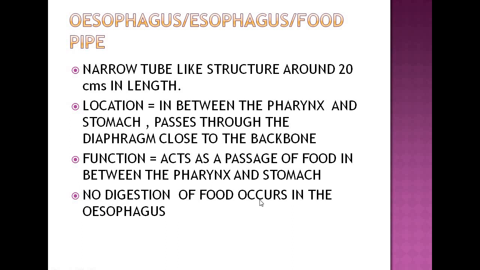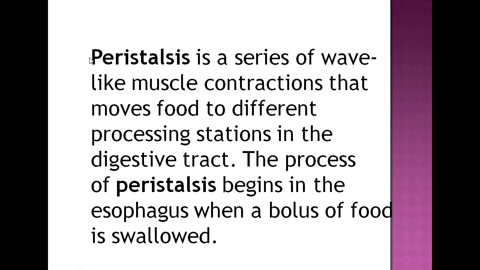No digestion of food takes place in the esophagus. And why does no digestion take place in the esophagus? Because there is no secretion of digestive enzymes in the esophagus. So it only acts as a passage of food from the pharynx to the stomach.